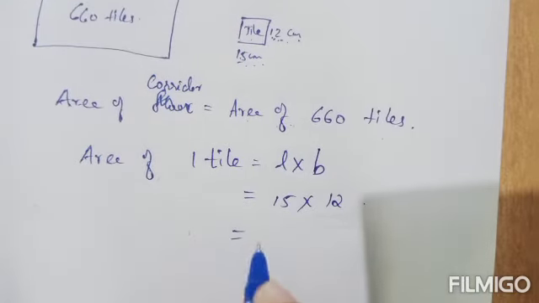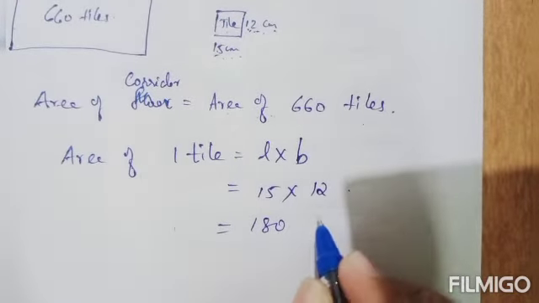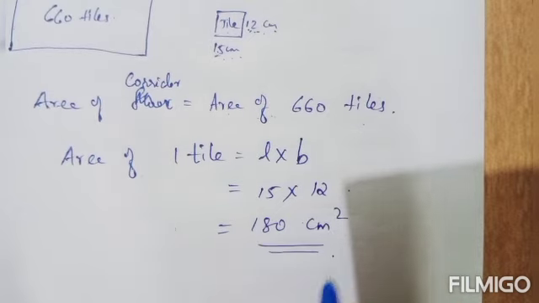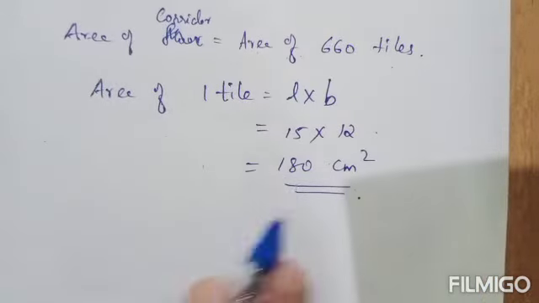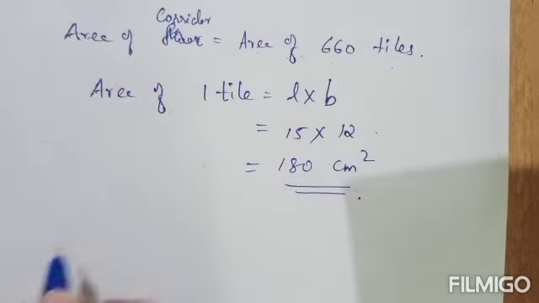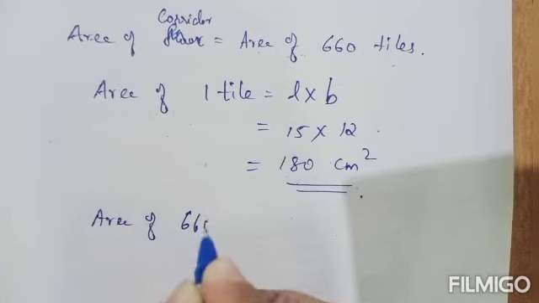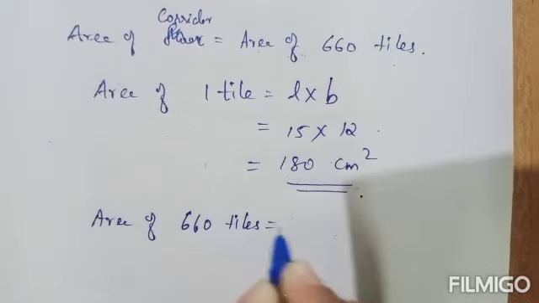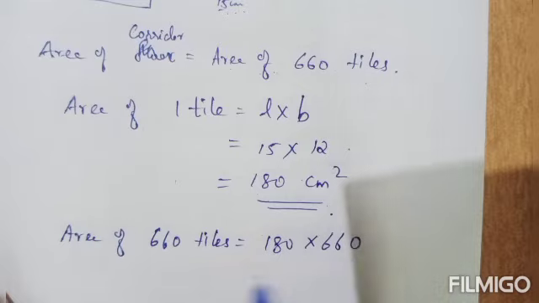So 15 into 12, you will get 180 centimeter square. Okay, this is the area of one tile. Area of one tile is 180 centimeter square. So what will be the area of 660 tiles? Just multiply 180 into 660.